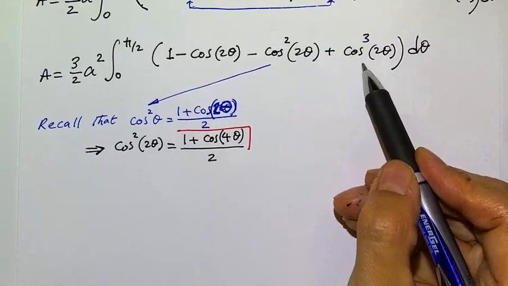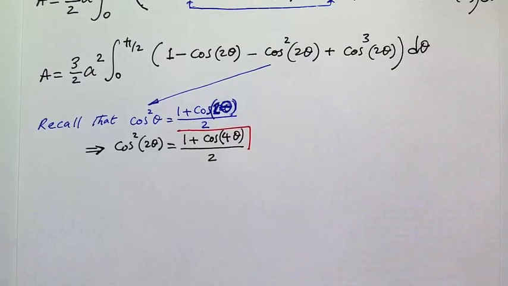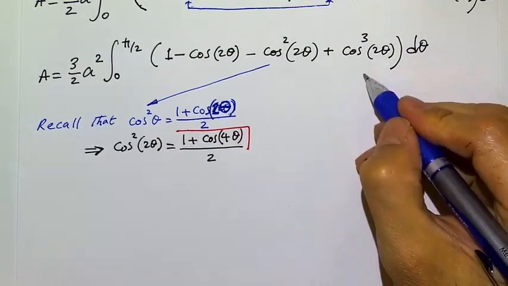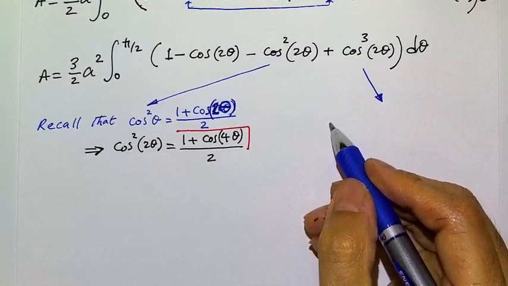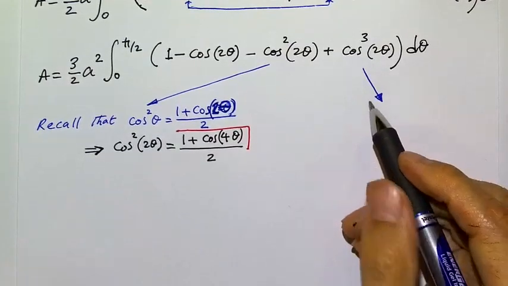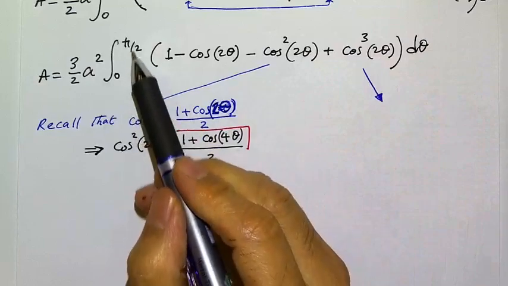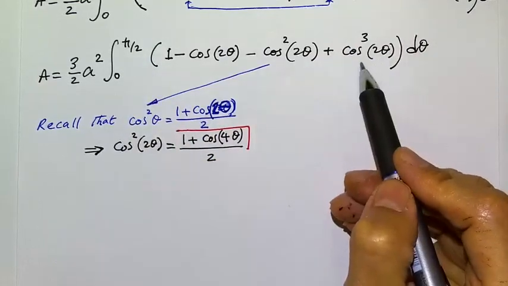Now, how about this one? This one is a little bit more work, but we still can do something to make it easier to integrate. So for this one, let's integrate it separately. In other words, we're going to pull it out, disregard these limits, and just integrate it as an indefinite integral.